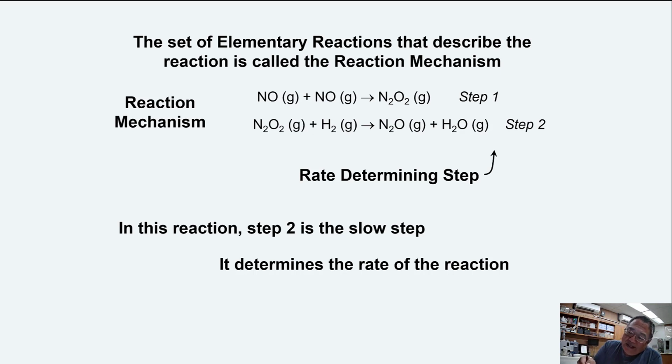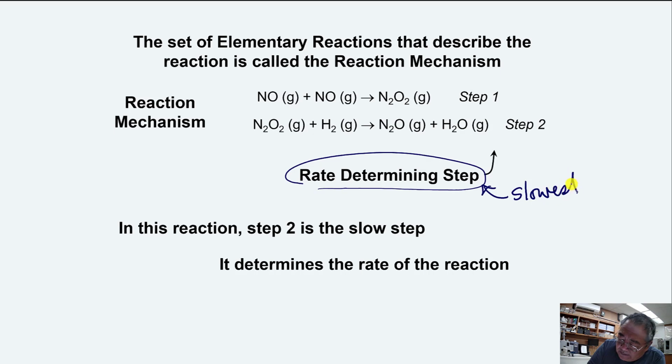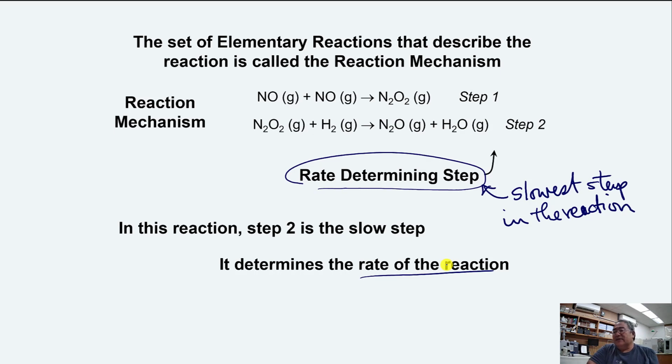In this case, it says the second step is the rate determining step. So that's the slowest step in the reaction, and it determines the reaction rate. So the reaction rate is always determined by the slowest step. Think about why that is. This is a series of 2 reactions that is taking place.